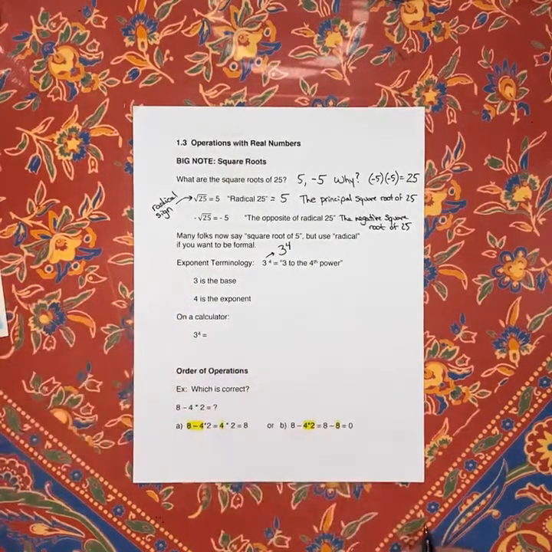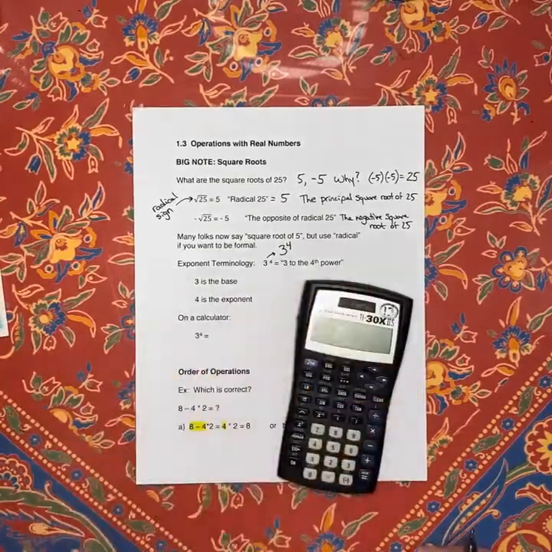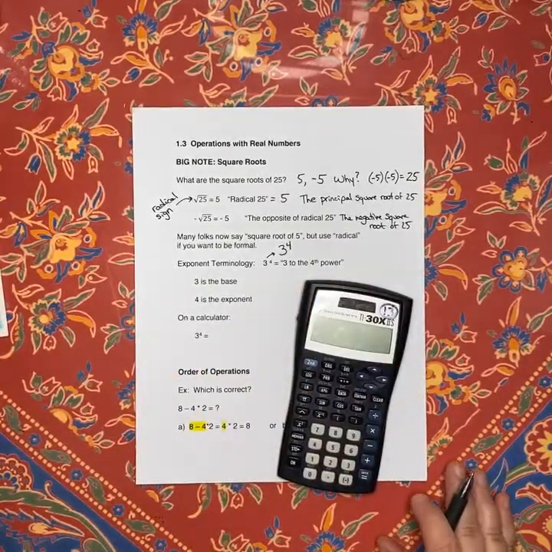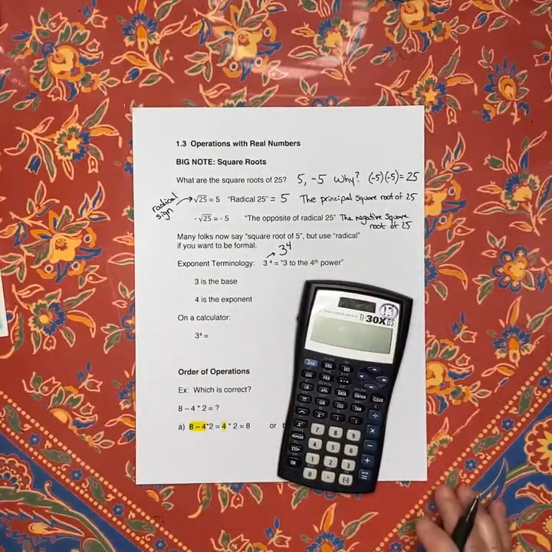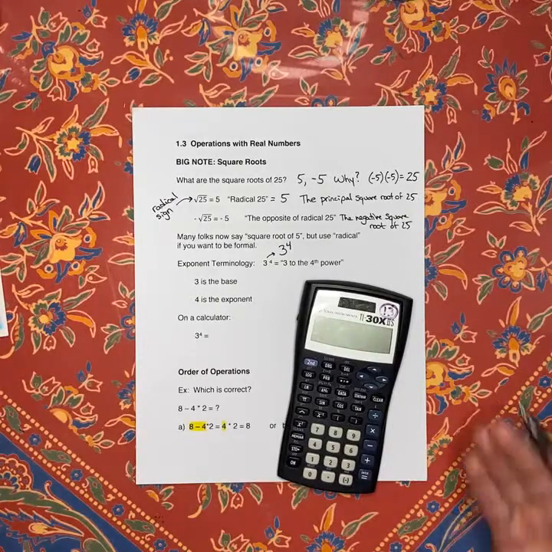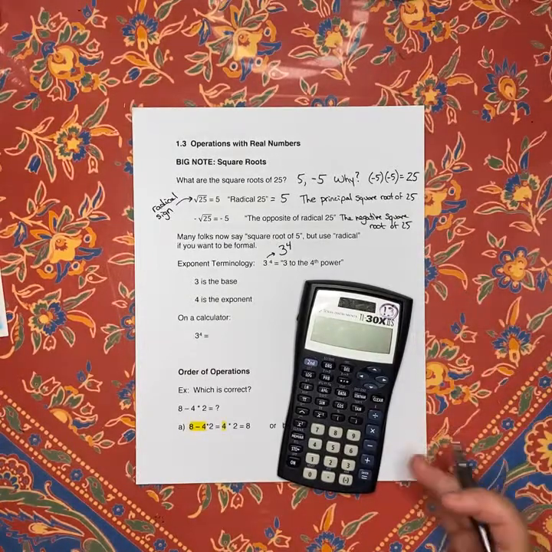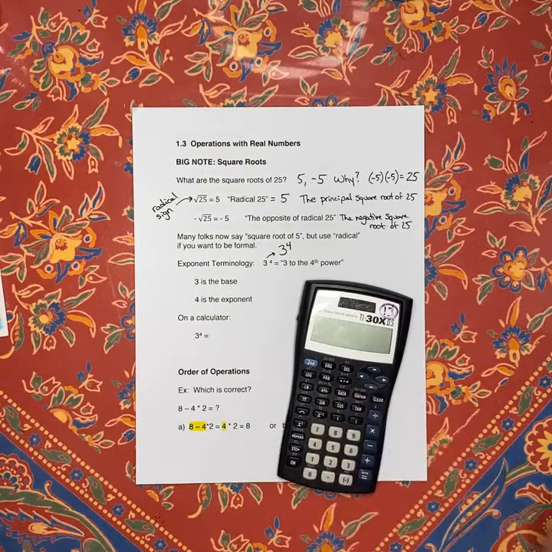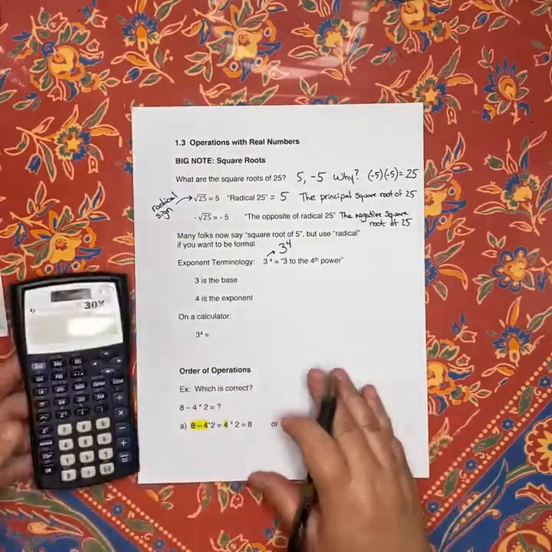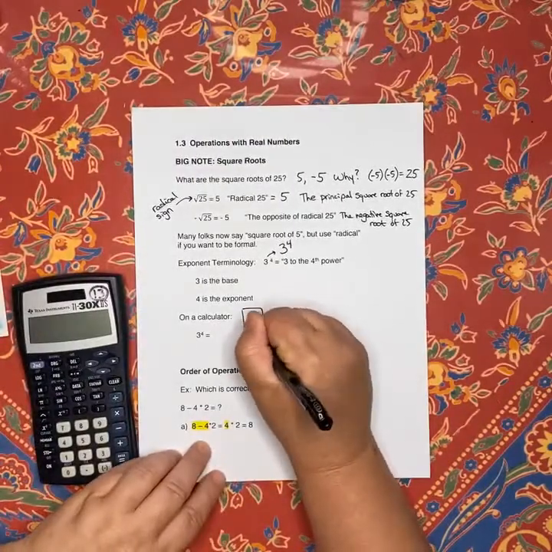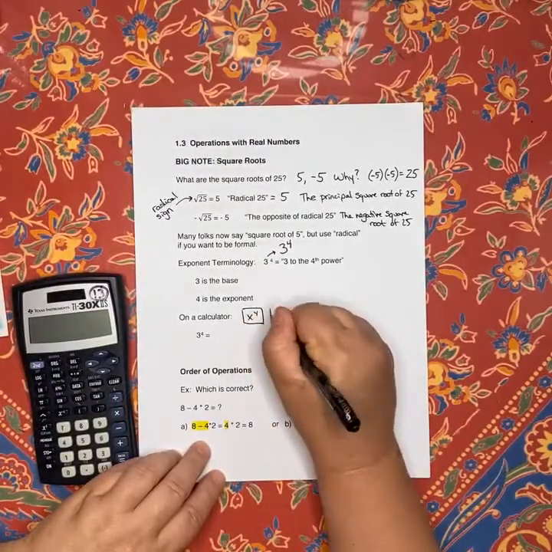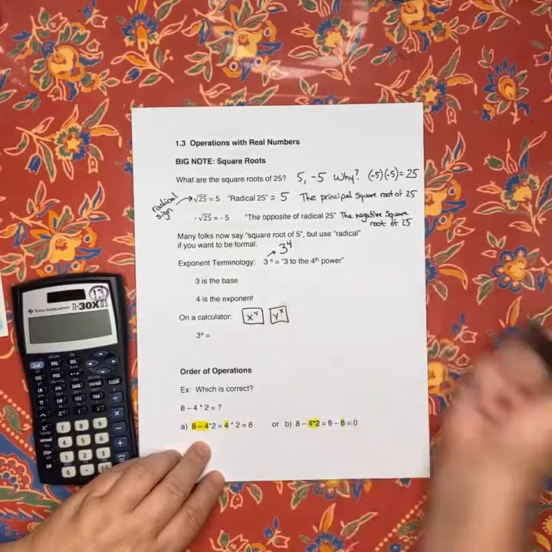On the calculator, you will not always have an obvious exponent key, especially with Texas Instruments. If you were able to look at all these keys, you'd be like, where is the exponent key? I don't see it. So sometimes you're looking for an x to the y or a y to the x key.